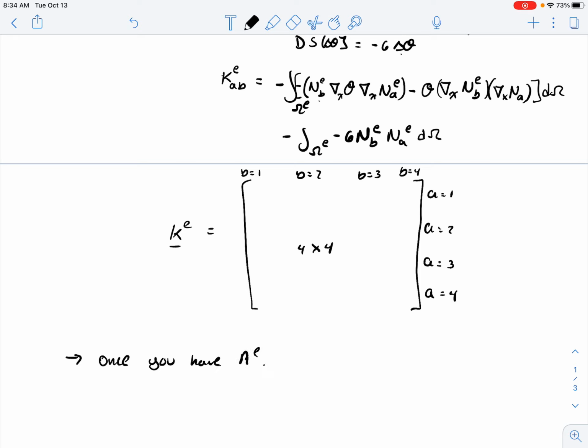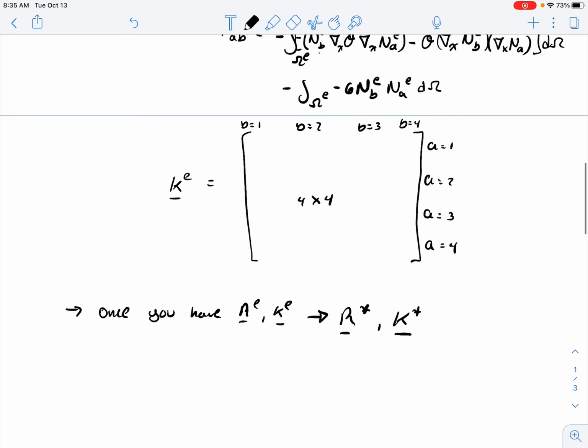And so then what we just did in last class: once you have a loop, once you have Re and Ke for all elements, you can assemble your global residual and global tangent, either the entire one or just the one that has the degrees of freedom, so R star and K star. And then how do you solve for the theta? You need Newton-Raphson, right? How do you do that?